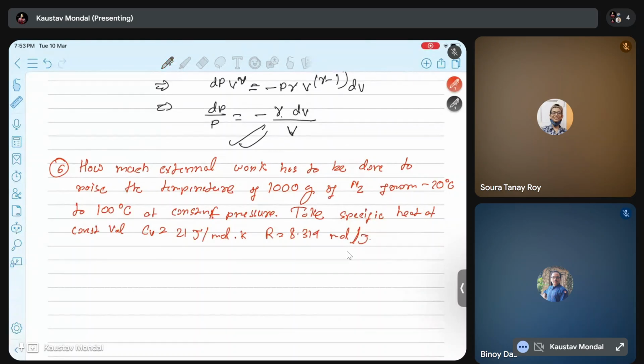So it's 1,000 grams of nitrogen, from -20 degrees to 100 degrees centigrade.